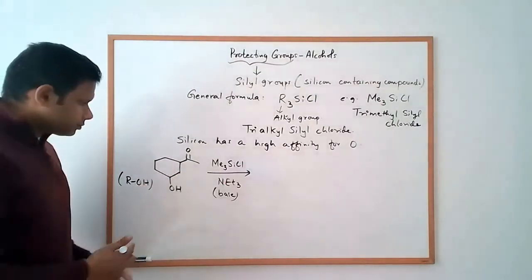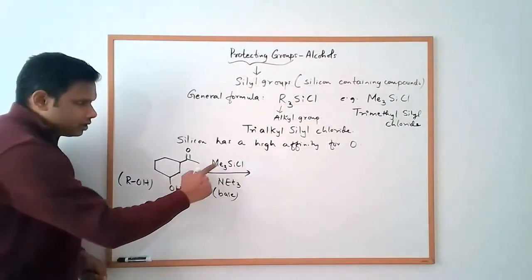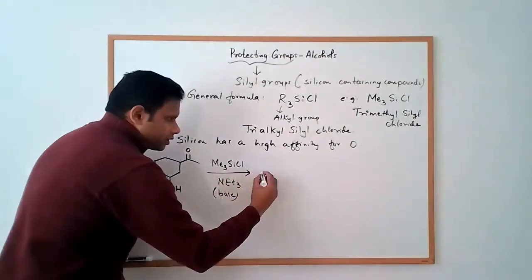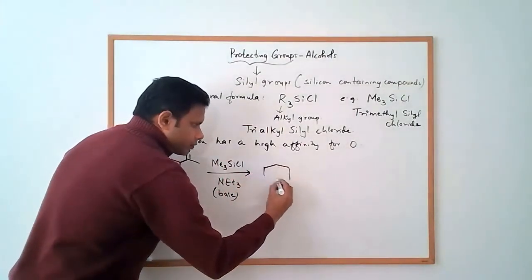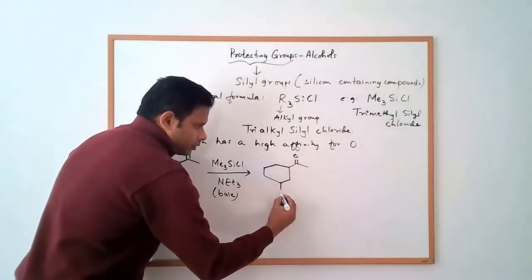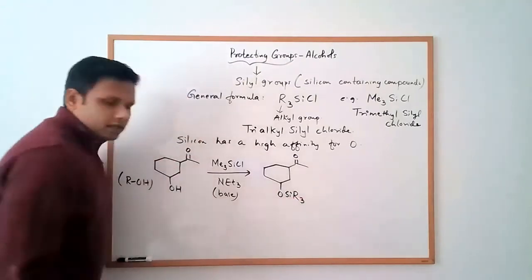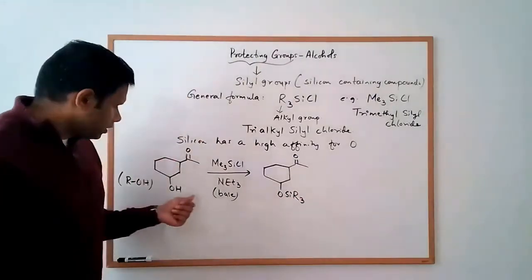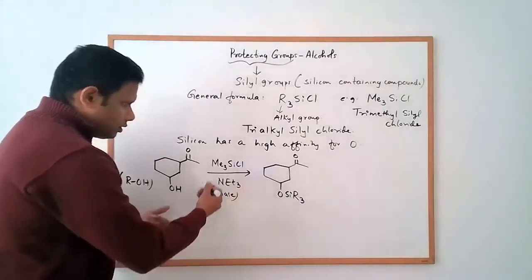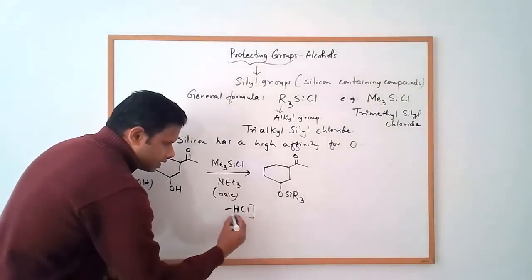So when you do that, what happens is you replace this H with the R3Si, the silyl group, and get OSiR3. Pretty much what you're losing here is HCl.